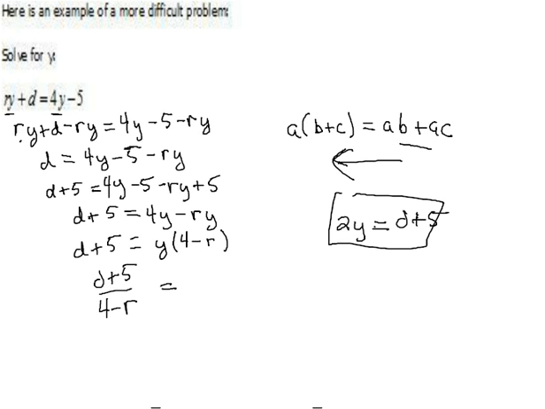On the right side, y times 4 minus r over 4 minus r, and that 4 minus r over 4 minus r is 1. So we are left with y is equal to d plus 5 over 4 minus r. And that is our solution.